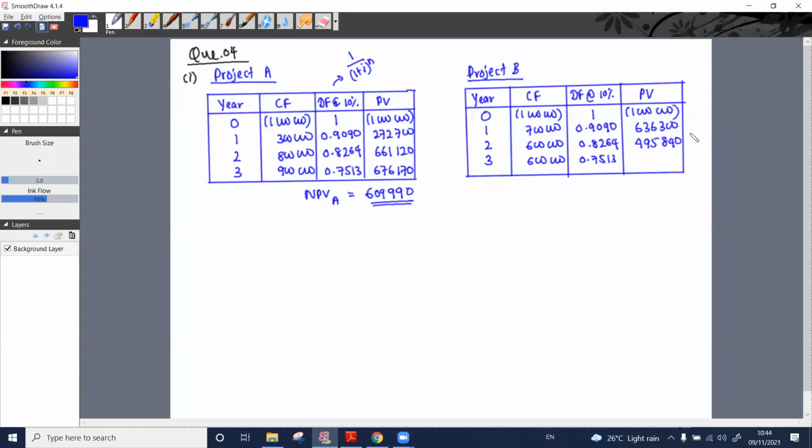And year 3, it is 450,780. Net present value of project B, therefore, should be equal to what?